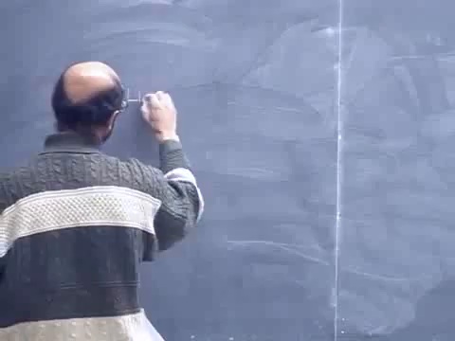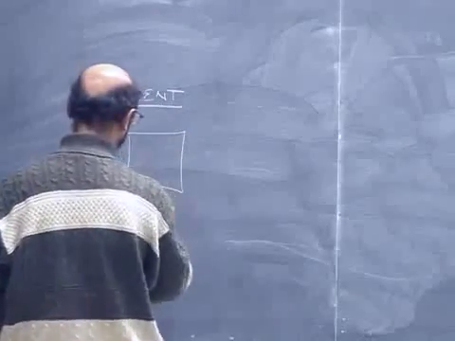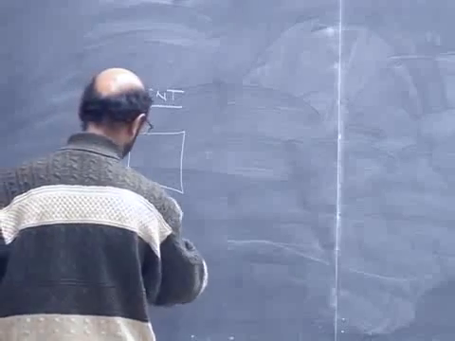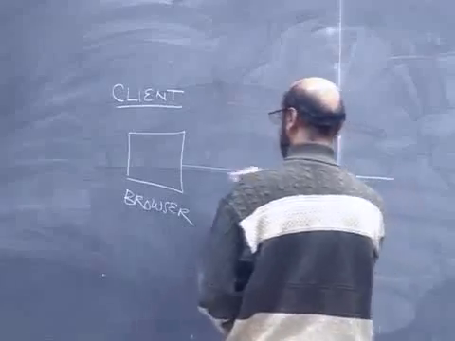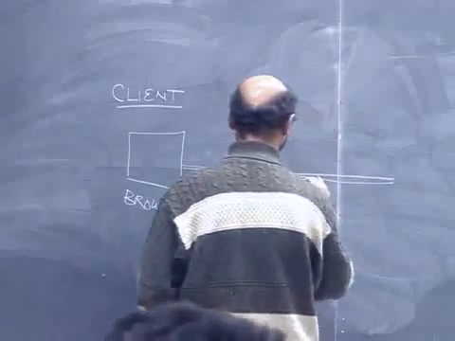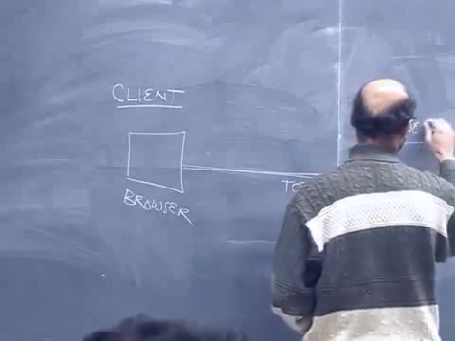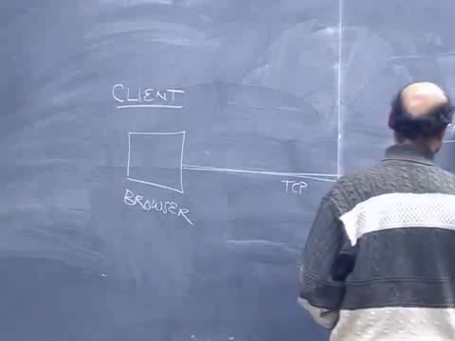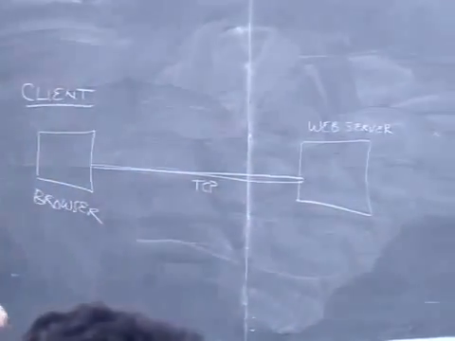So here we again have a client. And the client is what's called a browser, as you know. The browser uses a TCP connection to talk to a web server. And it's about as simple as that.